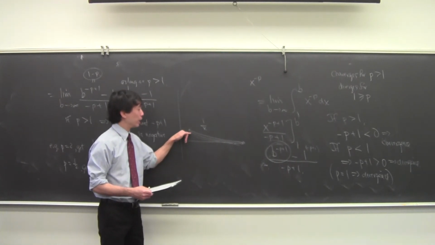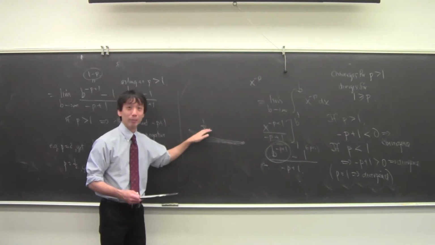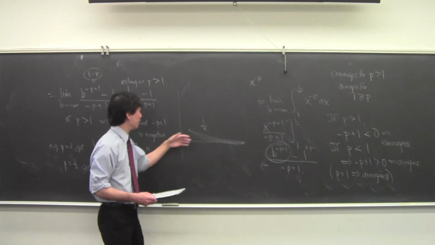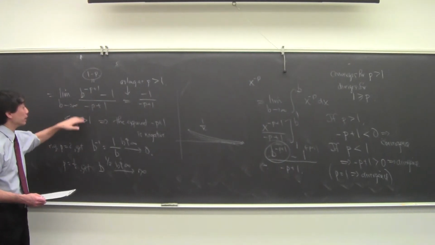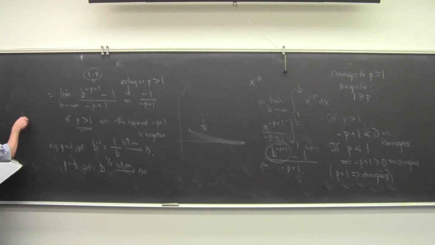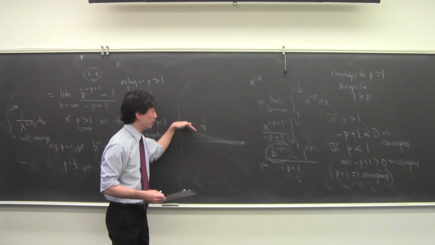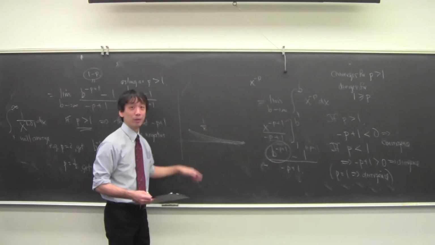So you imagine that higher powers are more likely to guarantee convergence, and that's what happens. If we have 1 over x to the 1.01, that will converge. As long as the power is bigger than 1, we're good. The higher powers will work, and the lower powers will fail.